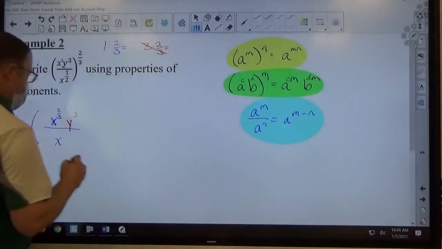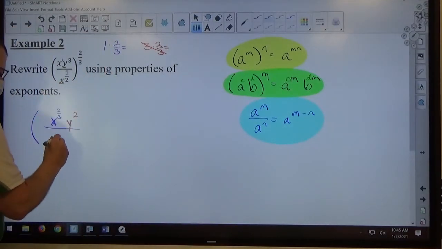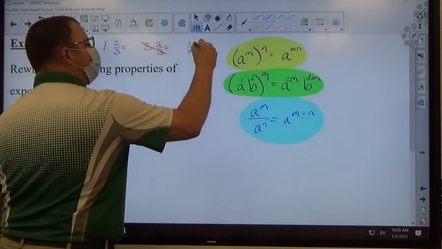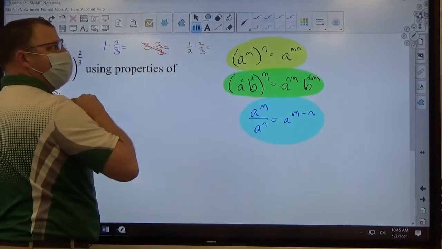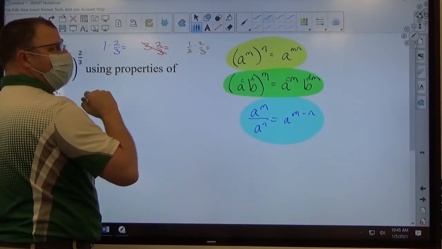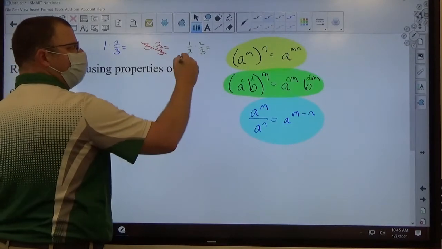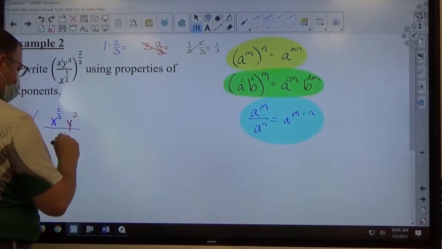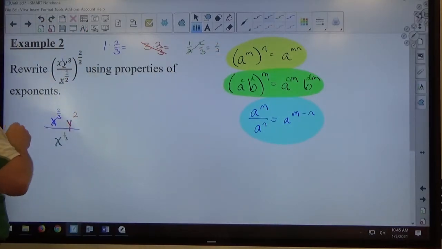And then for this x on the bottom, we have to take 1/2 times 2/3. What does that equal? 1/3. Very good. The 2's cancel, so we get 1/3, right? We don't need the parentheses anymore when we do that.